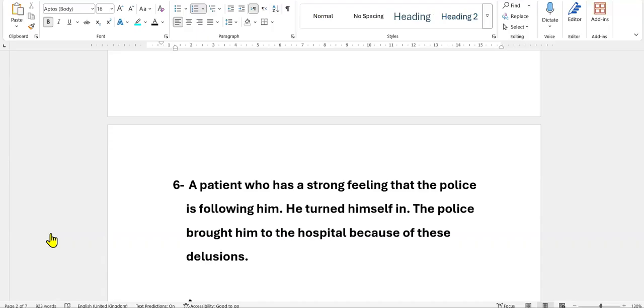Psychosis can happen in schizophrenia patients, in patients who are drug abusers, and in patients who have psychiatric problems like bipolar. So it can happen in many psychiatric and mental diseases. It is not limited to schizophrenia only.